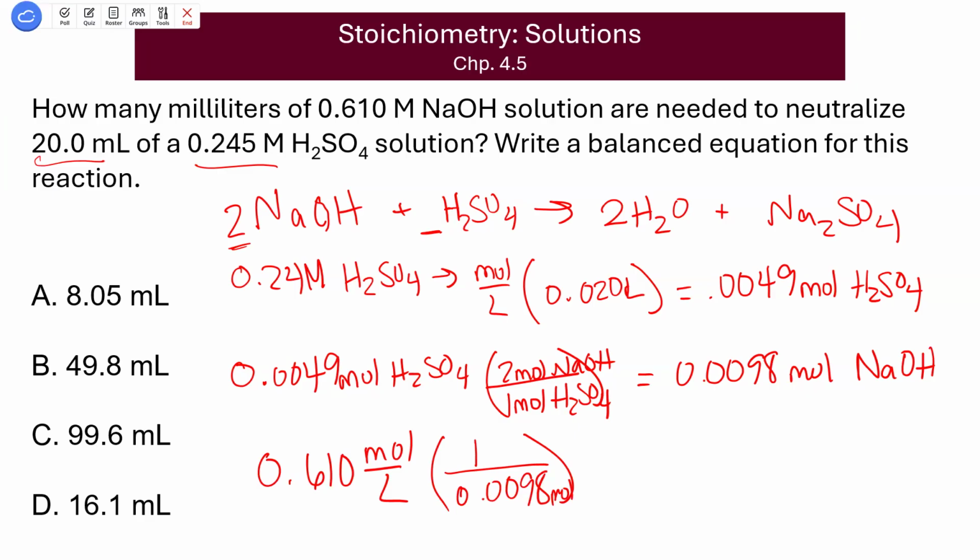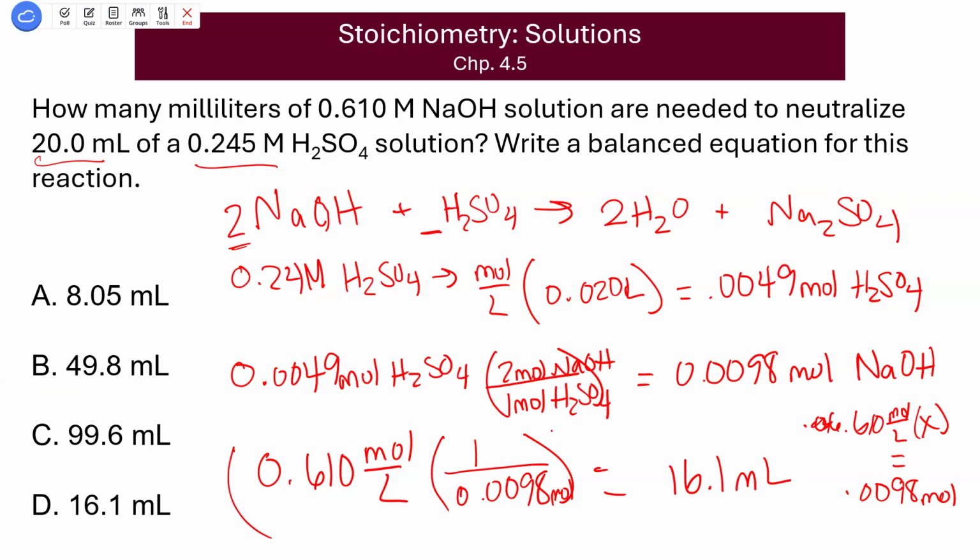So then if you flip that, you'll end up with the 16.1 milliliters. All right, you can also write this as, right, you can solve for it that way, and then this would all be to the -1.